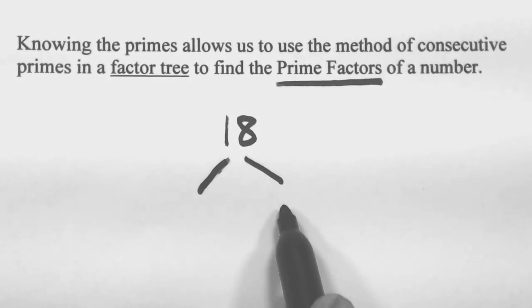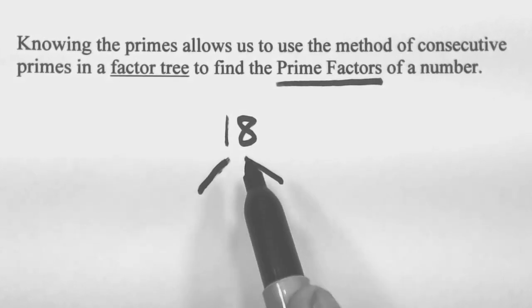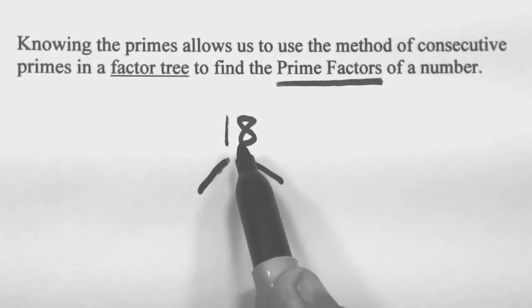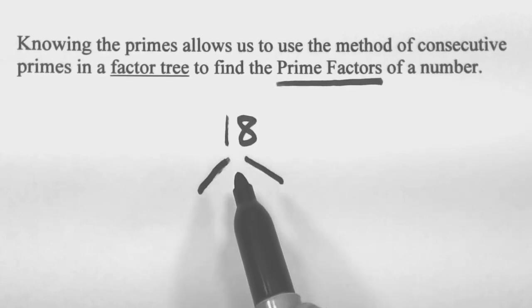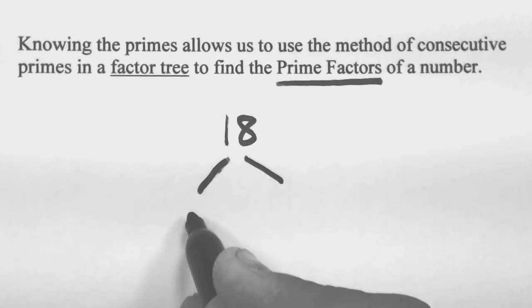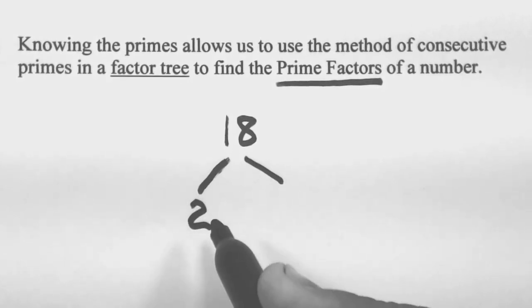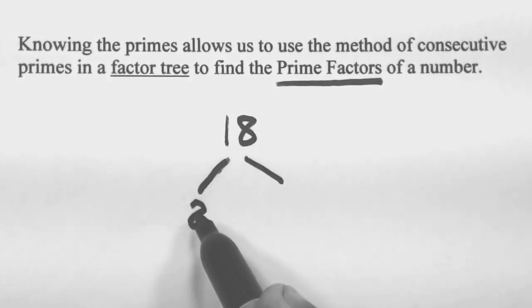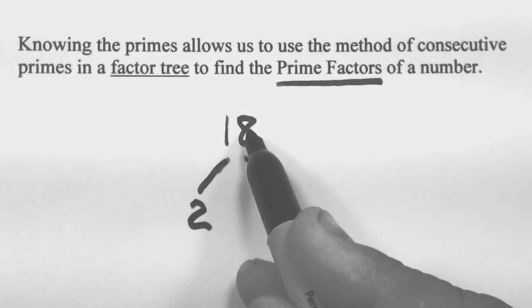We're going to put at the end of these branches numbers that multiply together to give us this number on top. But to make it work nicely, we're going to do the primes in consecutive order. In other words, start with the lowest prime and see if it divides evenly into 18. Well, 2 certainly does. Since 18 is even, we know 2 will divide into it.